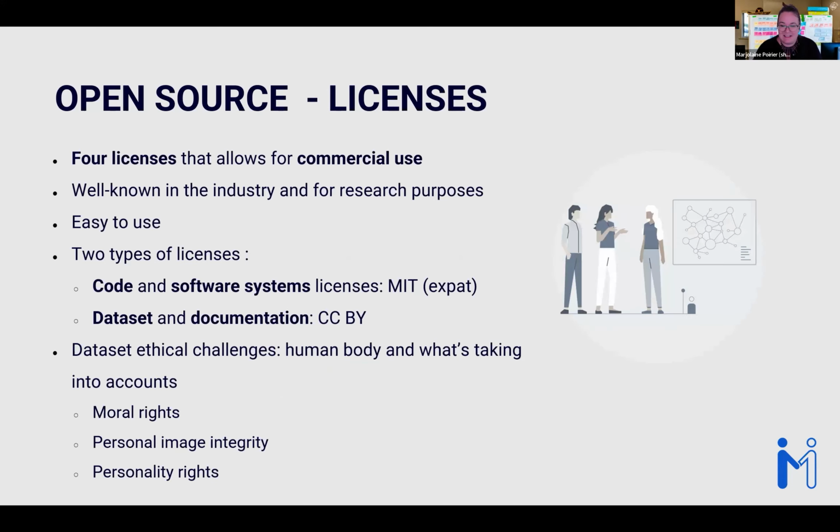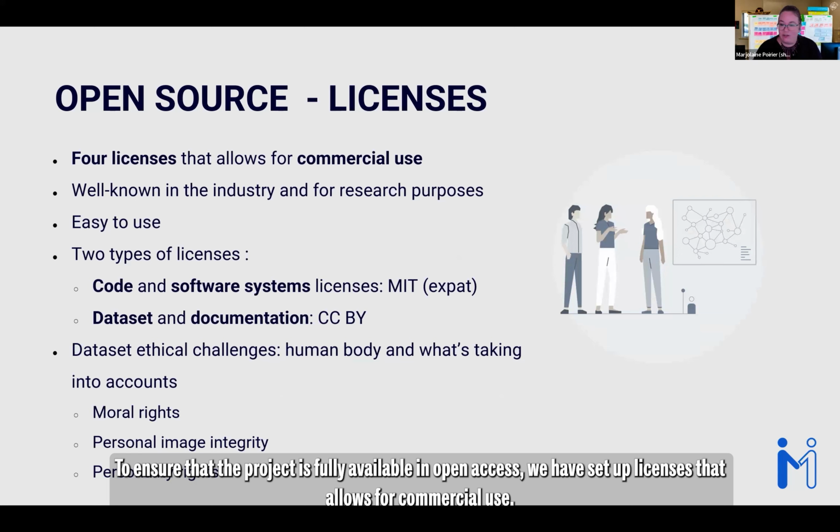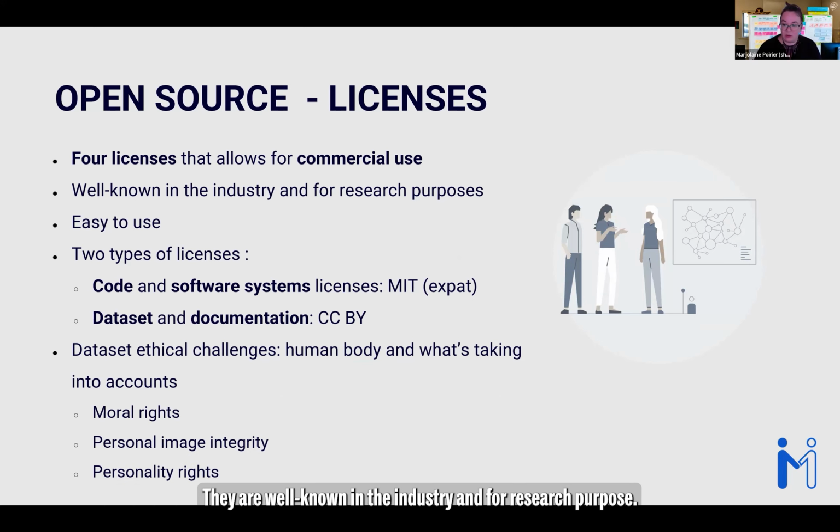Next slide, please. To ensure that the project is fully available in open access, we have set up licenses that allow for commercial use. They are well known in the industry and for research purposes. They are also easy to use. We have two types of license: for code and software systems it's MIT Expat, and for the dataset and documentation it's Creative Commons BY 4.0.